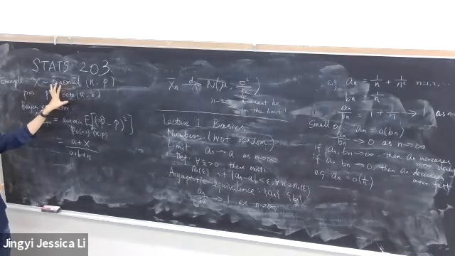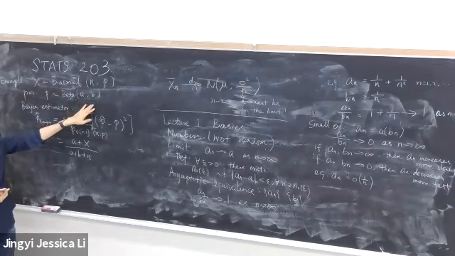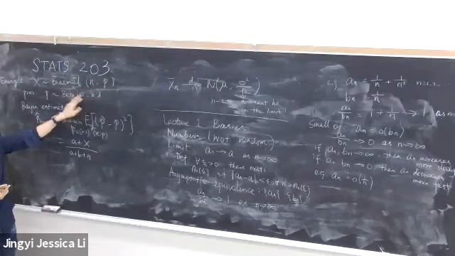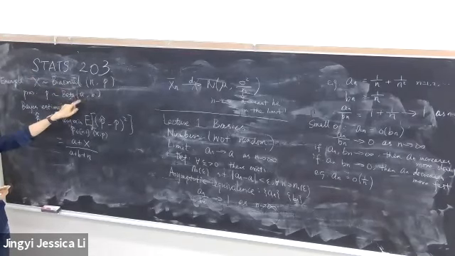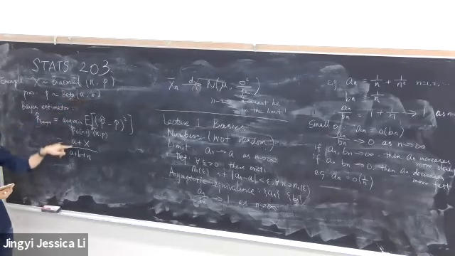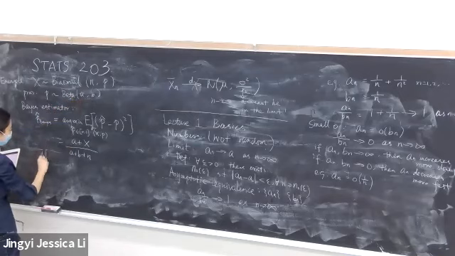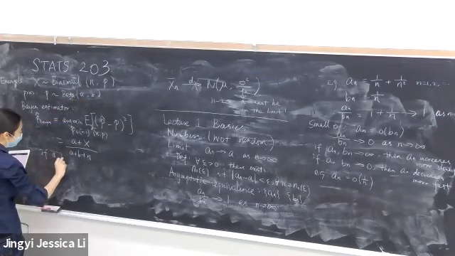Then you regard that as the likelihood of a and b given data. You maximize it to find the values of a and b. Then finally, you put those estimates from the maximum likelihood into this formula, and that's the empirical Bayes estimator.